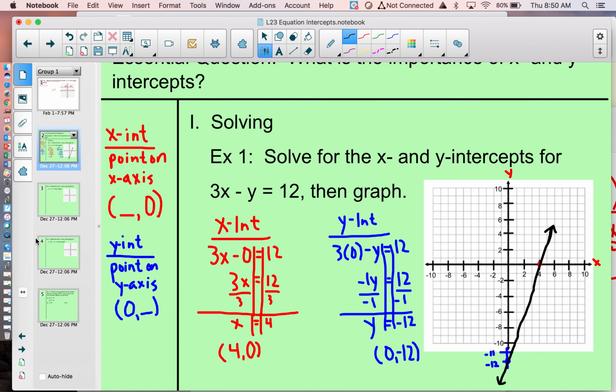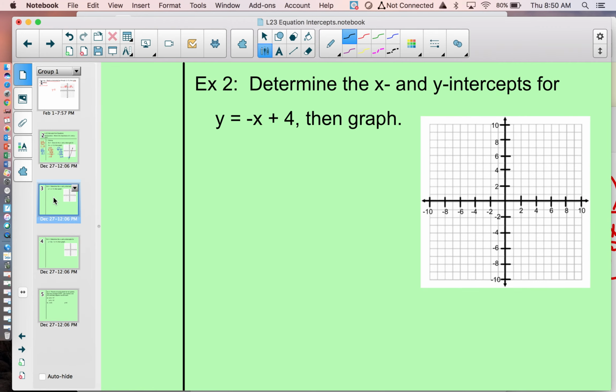Now, our next problem, our second example, is something that's a little bit different. We've got our equation right here, but we need to determine the x and y intercepts and graph. So I'm going to put those down nicely as is.